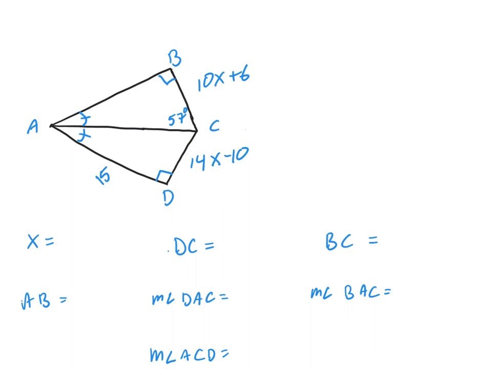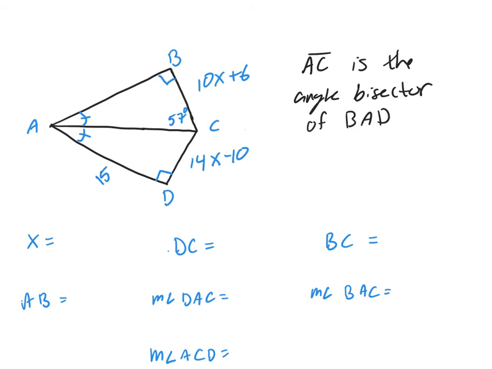So let's take a look at what we can do with an angle bisector here. So looking at this figure, we can tell that AC is the angle bisector of BAD, right? So we're bisecting this angle right up here.